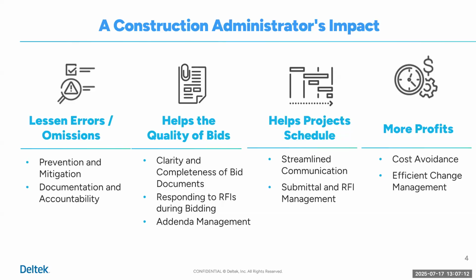Errors and omissions. Construction administration is like that second level of quality insurance, checking drawings and specifications for completeness, clarity, and coordination. This reduces unknowns, conflicts, and omissions that could lead to costly errors during construction.